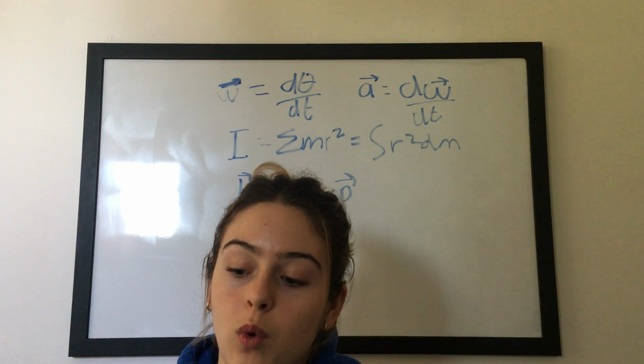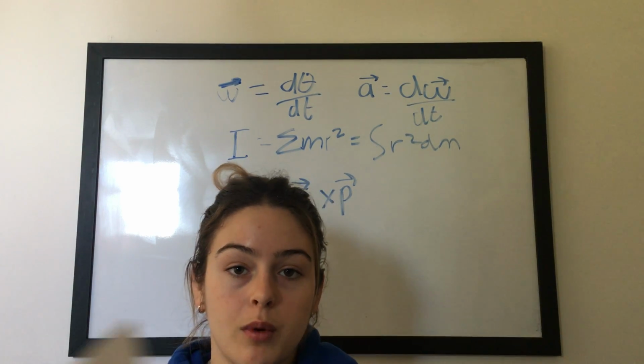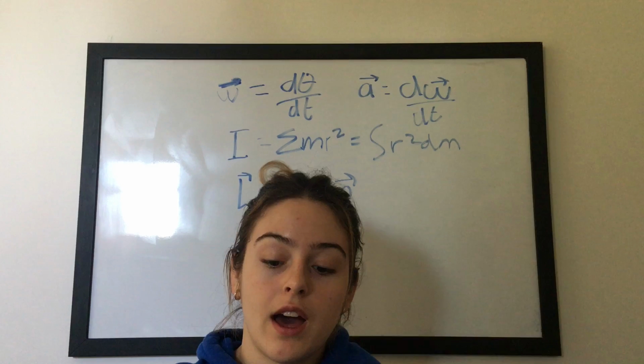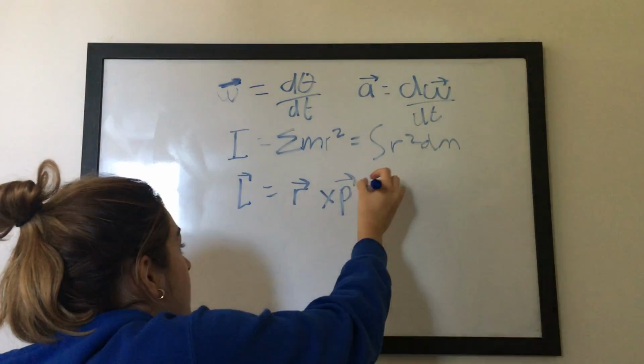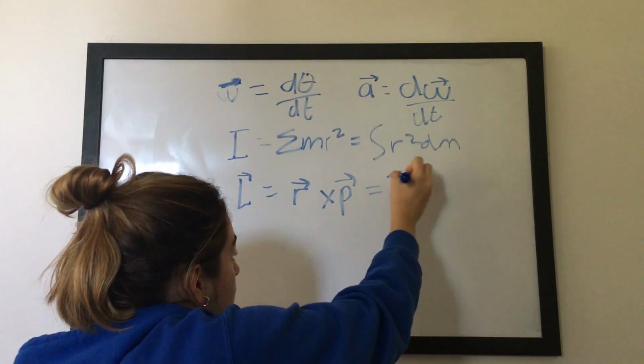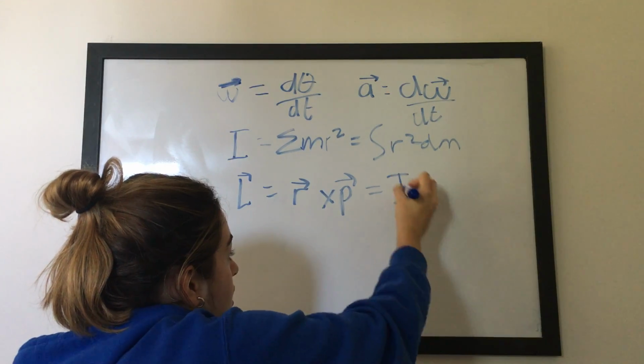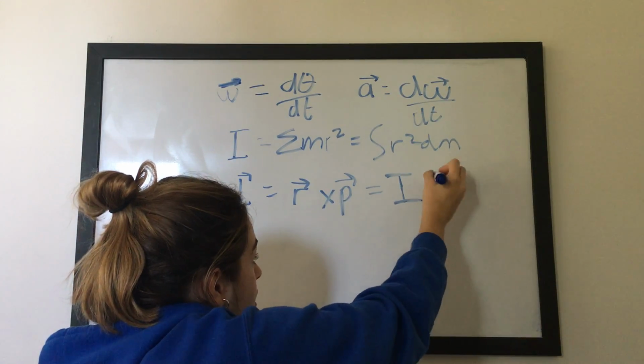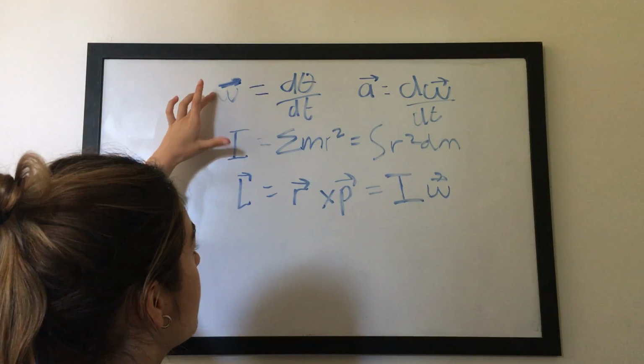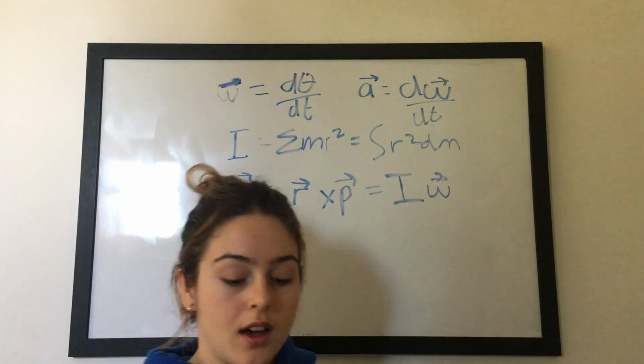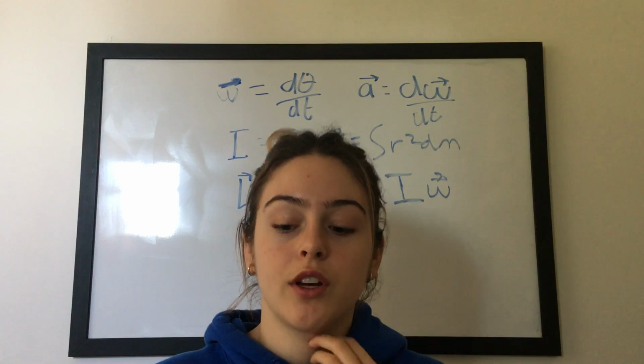Furthermore, another common formula for angular momentum is that it is equal to the inertia times the angular velocity, L = Iω. So this times that.